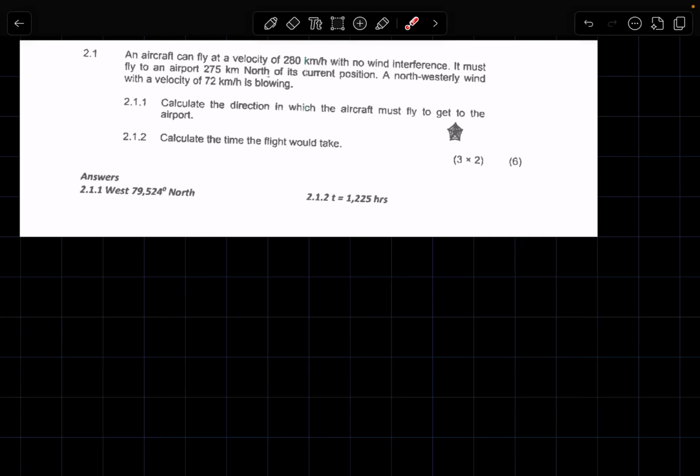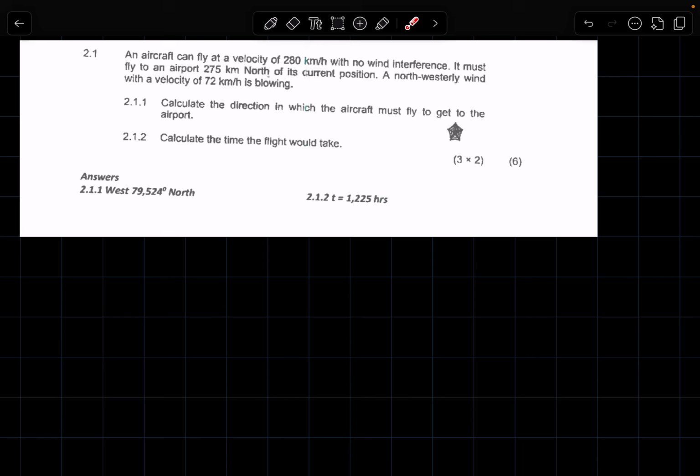So as you should know by now, with resulting velocity, from the problem statement we should be able to establish what of the given data relates to the three velocities that are crucial for resulting velocity.